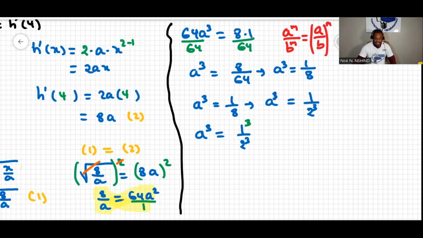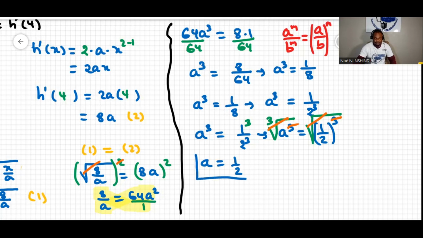So a to the power of 3 equal to 1 over 2 to the power of 3. Now we can cube root both sides, and the cube root cancels the power 3, and then we have a equal to a half. So that was the value of a.